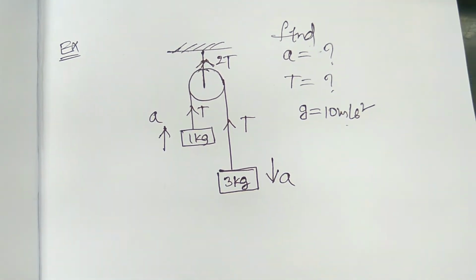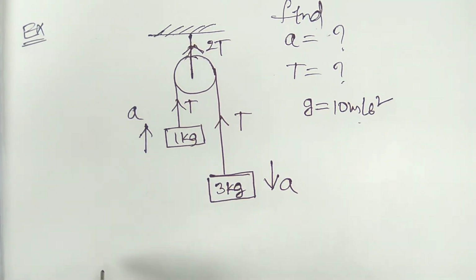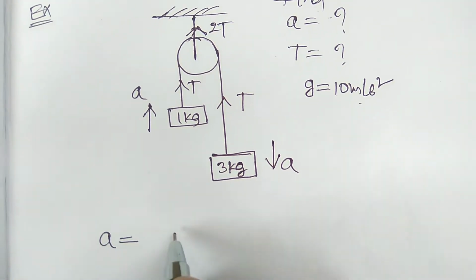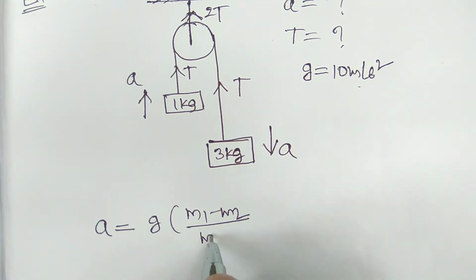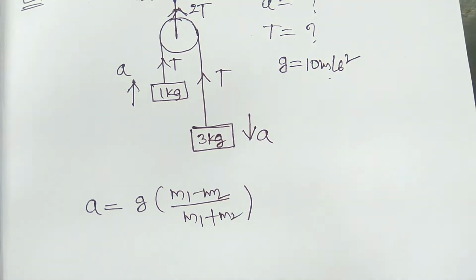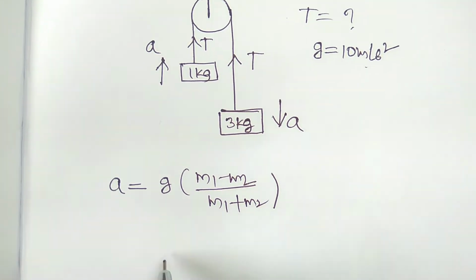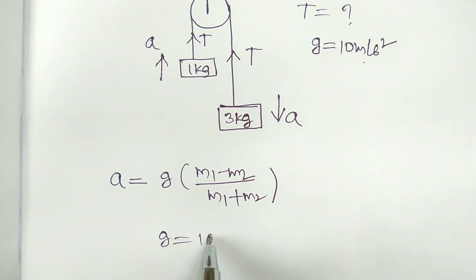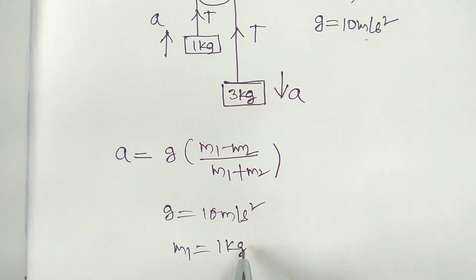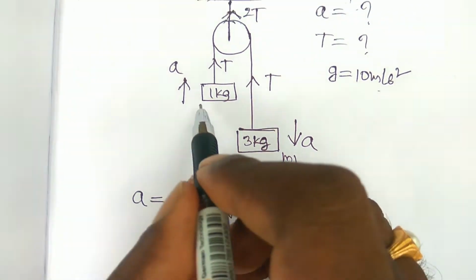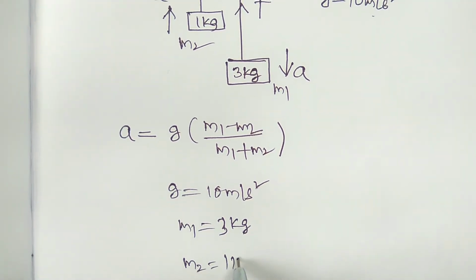Now we have to find the acceleration of the system, which we learned earlier. The acceleration of the system, we already derived it: a = g(m1 − m2)/(m1 + m2). This is the standard method we refer to. Here the given data g is 10 meter per second square, m1 is 3 kg, and m2 is 1 kg.